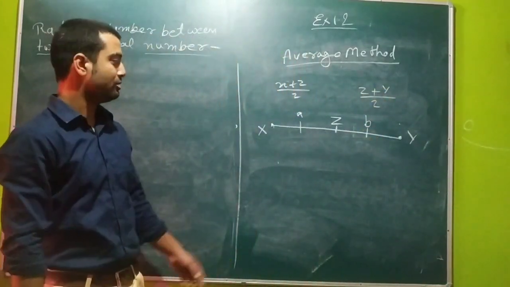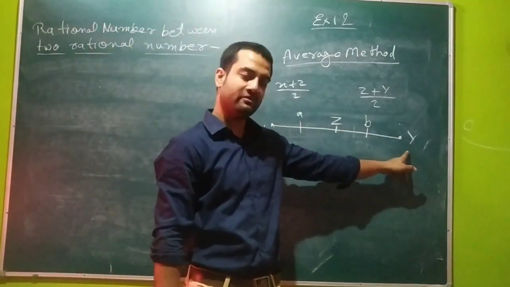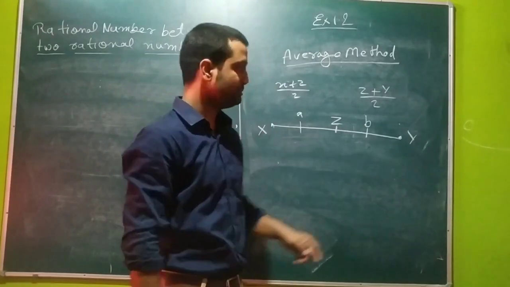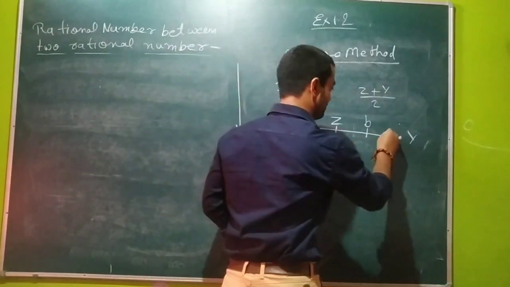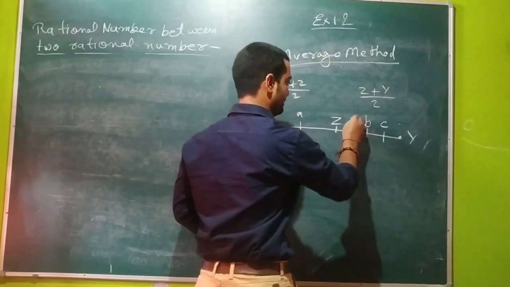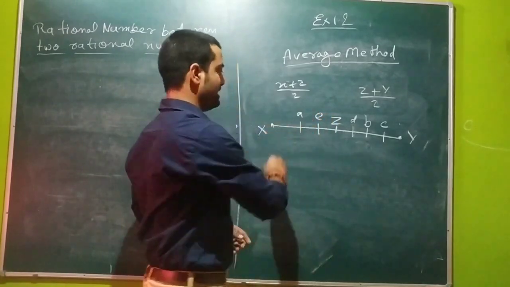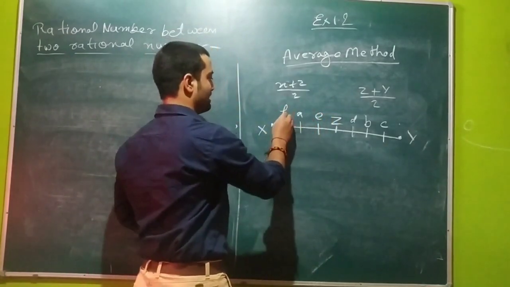So in this way we got 3 rational numbers between x and y. If you want more rational numbers, you can find them between b and y, let it be c, b and z, let it be d, z and a, let it be e, and a and x, let it be f.